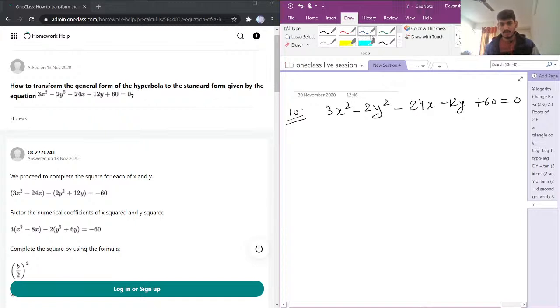For this case, first I will write the standard equation of a hyperbola.